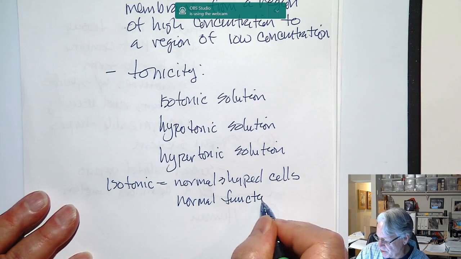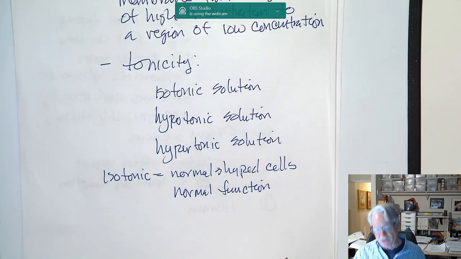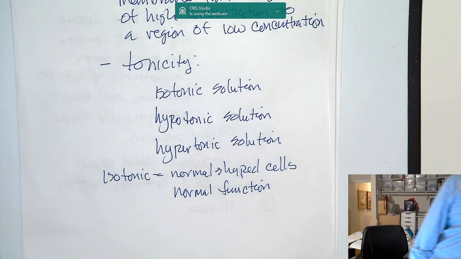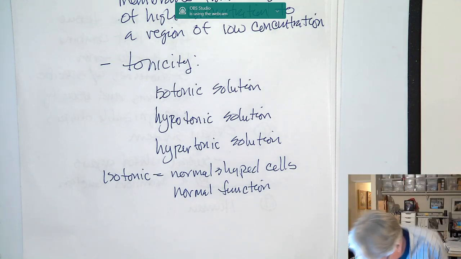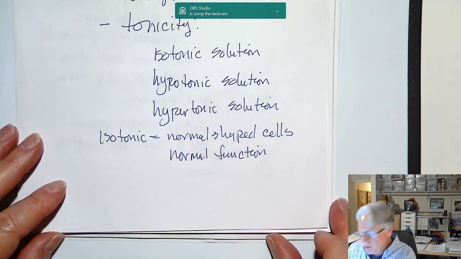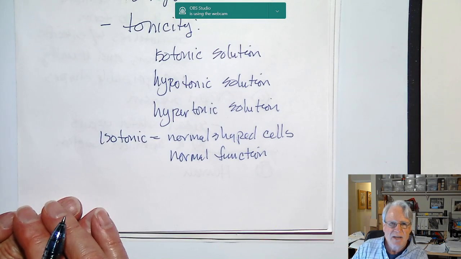Because remember the old adage, form follows function. And your cells in your body are shaped in certain ways because they're performing certain functions. Okay. So let me turn on a little bit more light. So we're getting dark here. And that might help. All right. Hopefully it does. So isotonic is what we're aiming for because that gives us our normal shaped cells and we get a normal functioning cell from that.